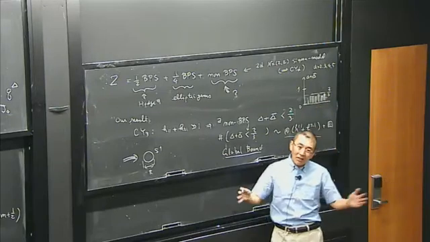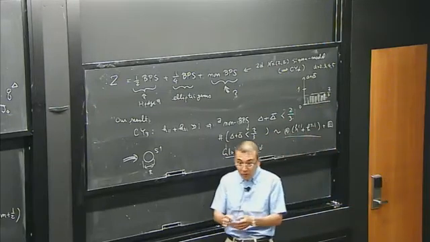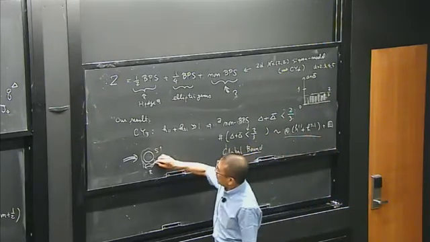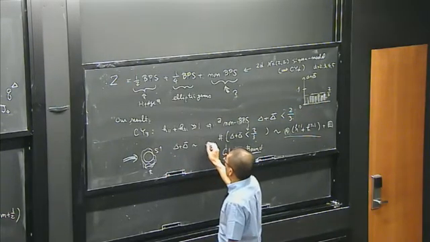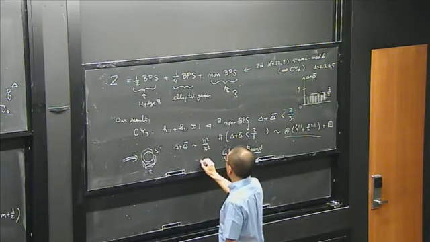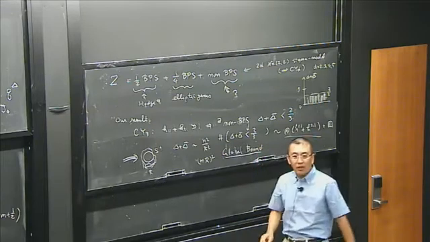Now, as R becomes small, there are string winding states. So that means delta plus delta bar can be n squared over R squared, or it can be m times R squared, where m is an integer.